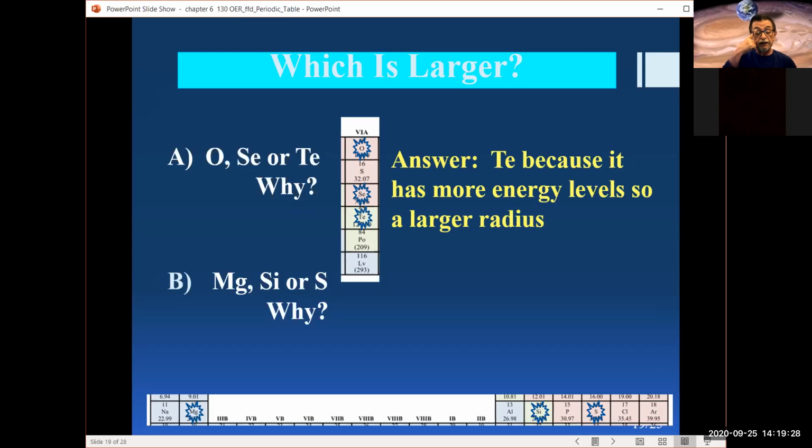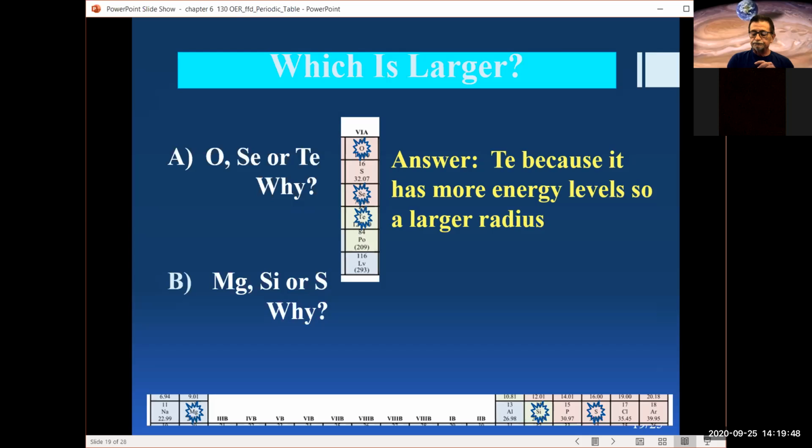Question B asks you to compare the radius, which one's larger, magnesium, silicon, or sulfur. And so again, I have an image there. I have to find them on the periodic table and then mark them. So I got magnesium on the far left, and we got sulfur here on the right.